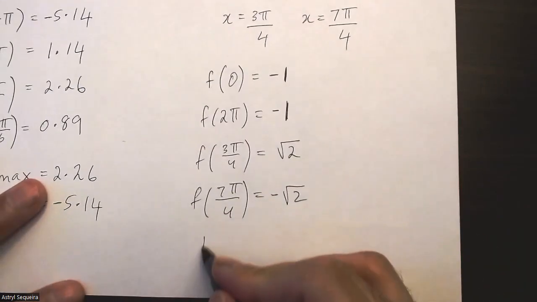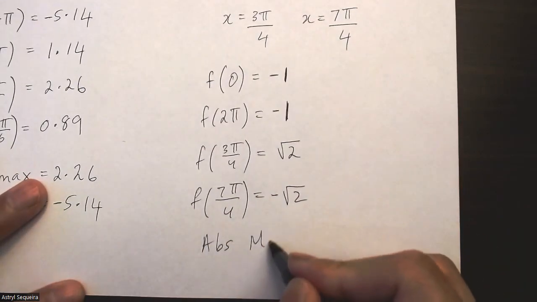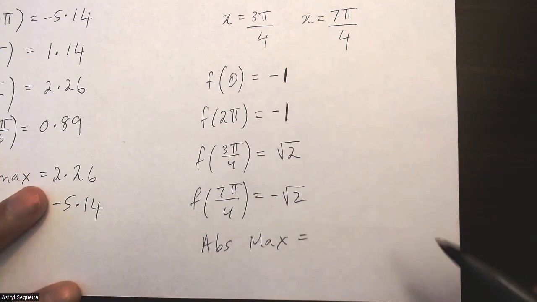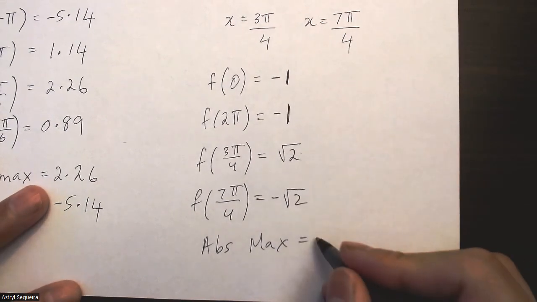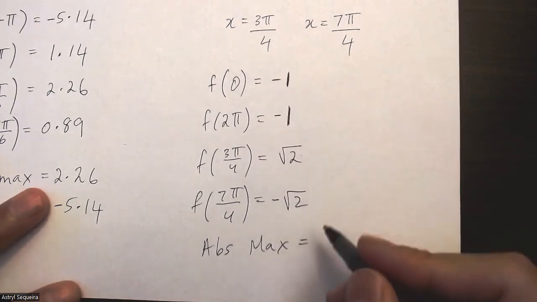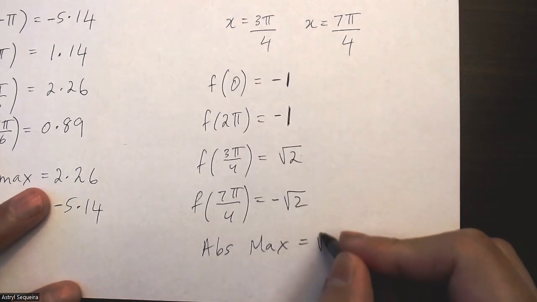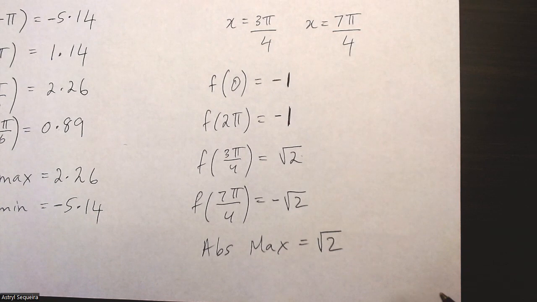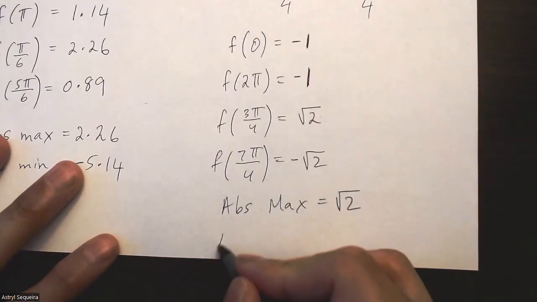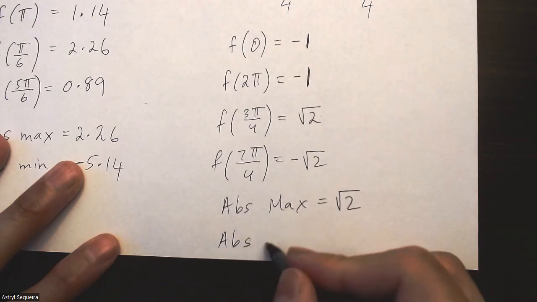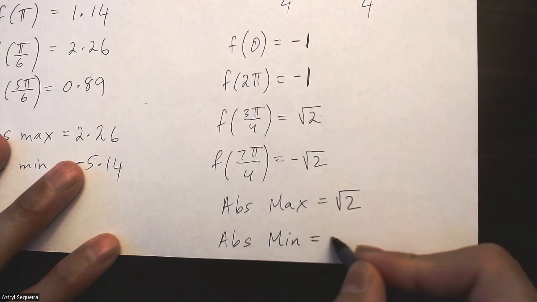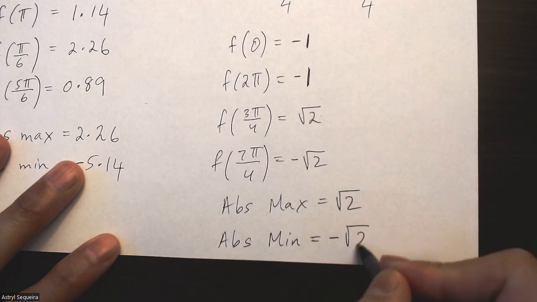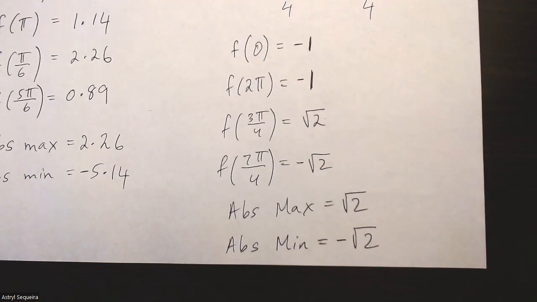So I know that my absolute max is just my largest of these four values, which is √2. √2 is approximately 1.41. So definitely the largest value over there, √2. And the smallest value is -√2, because -1.41 is slightly smaller than -1.